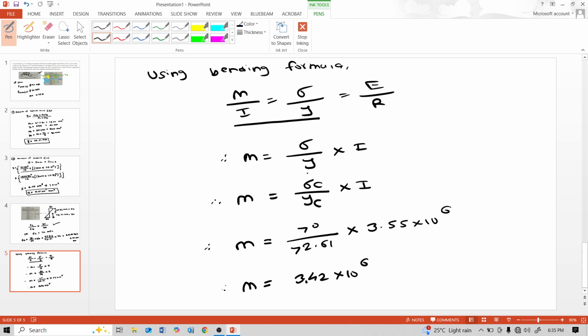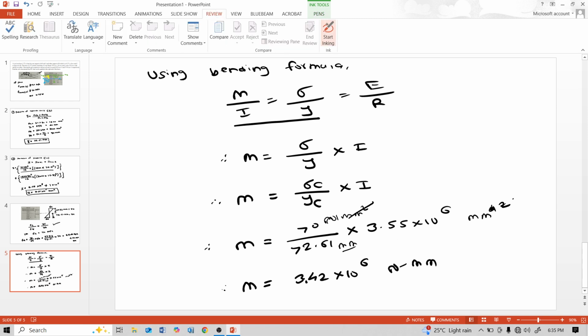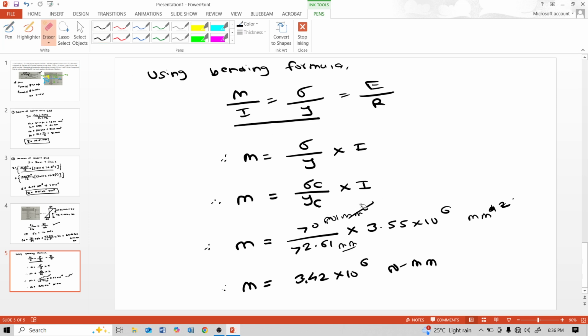This sigma is in MPa, this YC is in mm. MPa means Newton per mm square. This I is in mm raised to 4. This YC is in mm. So mm square and here mm square, this mm cancels. That means this moment of resistance is in Newton mm.